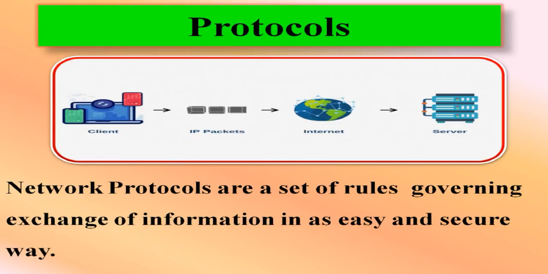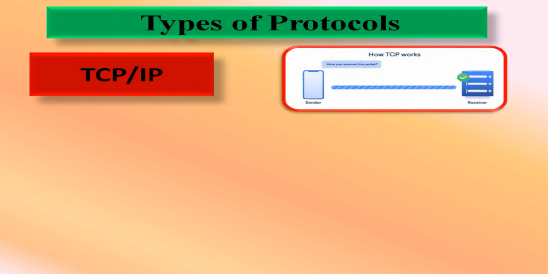Protocols have many types. The first one is TCP/IP. The full form of TCP/IP is Transmission Control Protocol/Internet Protocol. TCP/IP is a set of layered protocols used for communication over the internet. The communication model is a client-server model.